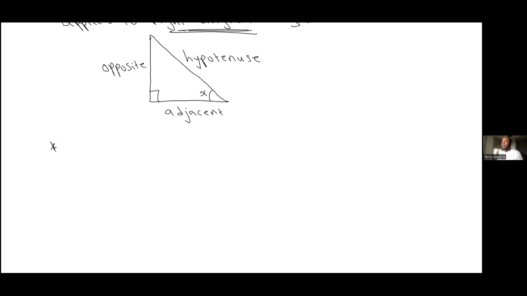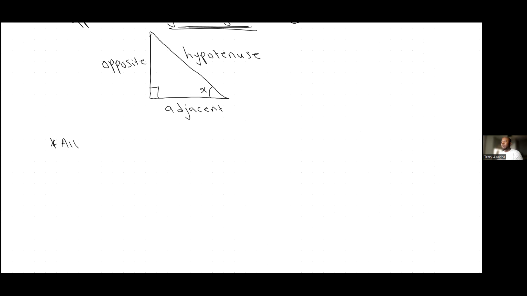So basically all trig identities are based on the six trigonometric ratios.